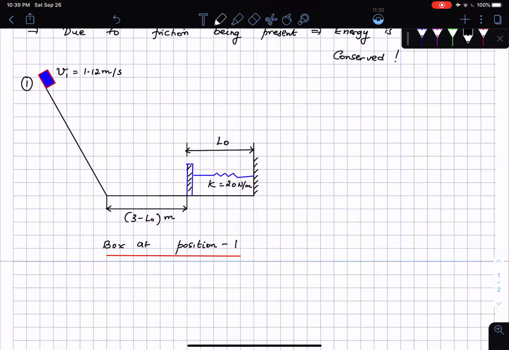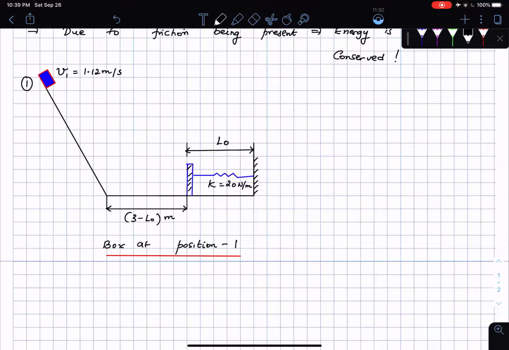If I draw it now, it's going to be this, a little smaller than what it was before. Now I'm going to call the length of the spring L1.